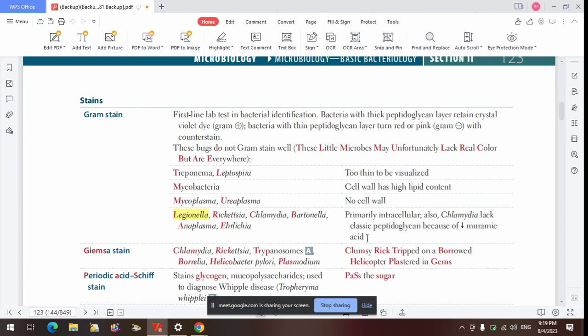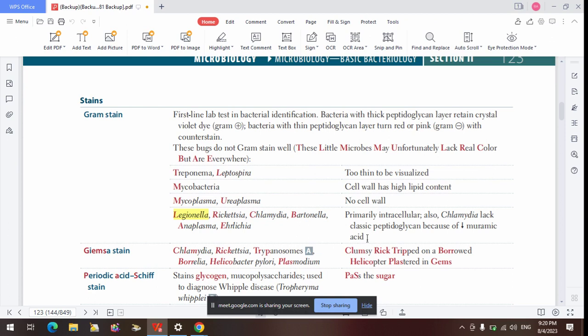The next thing, you add a decolorizer. Now, the purpose of that decolorizer is to wash off that primary stain, which is your crystal violet. You want to wash it off. But if the cell wall is very thick and it has abundant peptidoglycan, they are going to take a lot of that crystal violet.